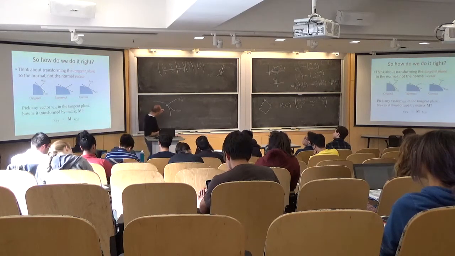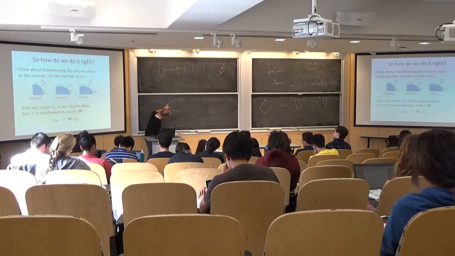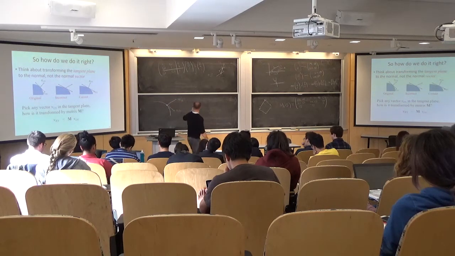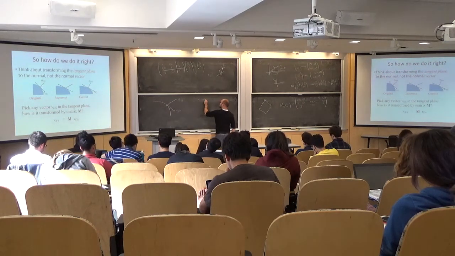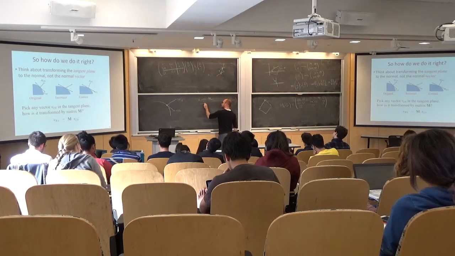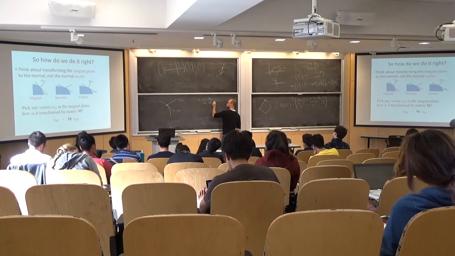Think about this. Let's say that I took two very close by points, x and x prime, and I translated them to world space. Well, what would happen? x would get mapped to M times x, and x prime would get mapped to M times x prime.